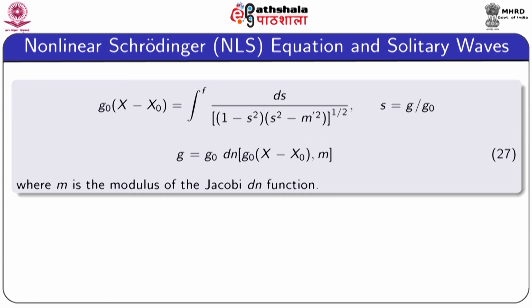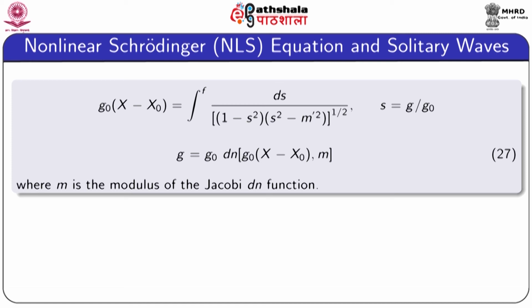So, after integration we get g0 into (x minus x0) equals integration ds by square root of (1 minus s square) into (s square minus m dash square), where s equals g by g0. The value of this integral can be written in terms of the Jacobi function.